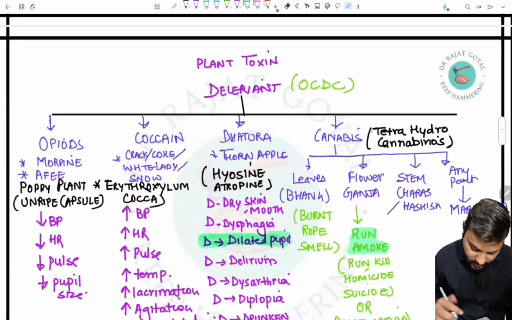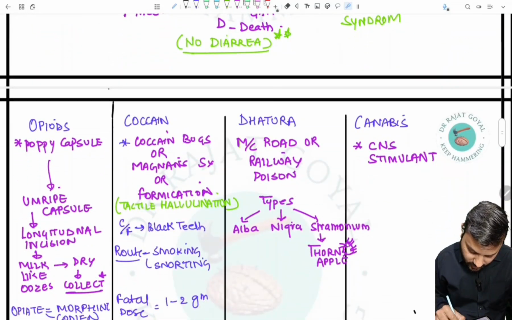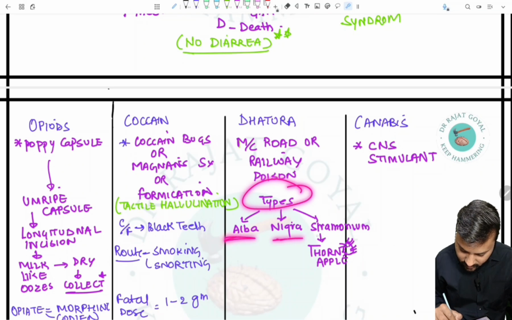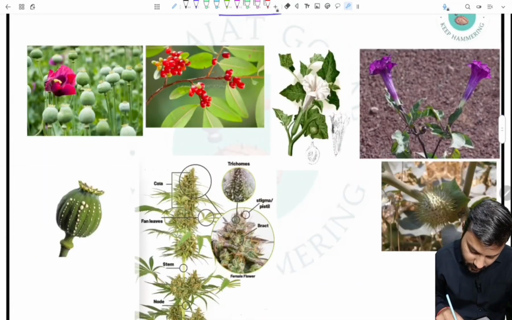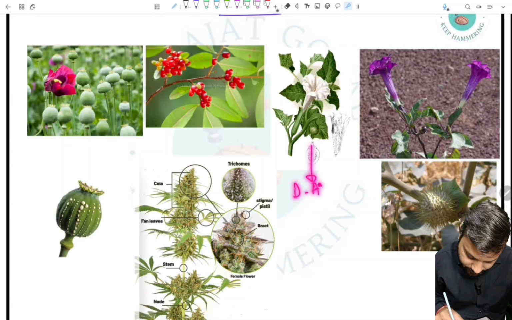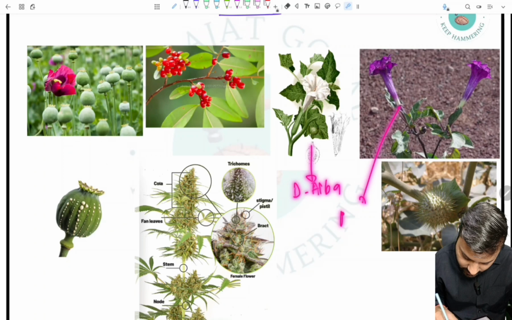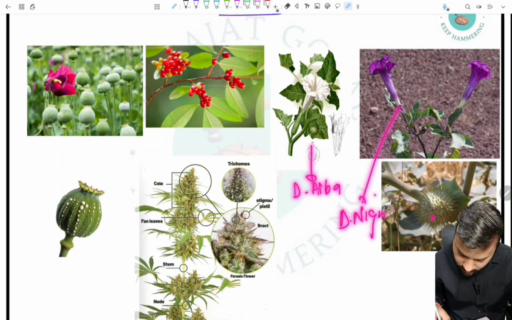So we know that the datura can be of alba, nigra, and the thorn apple or the stramonium type. So this is the image of the datura alba, this is the image of datura nigra, and this is the thorn apple.